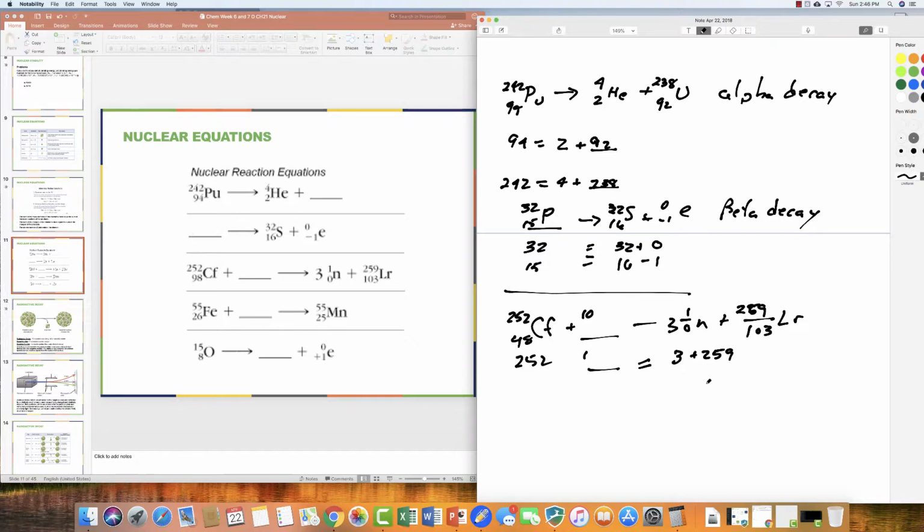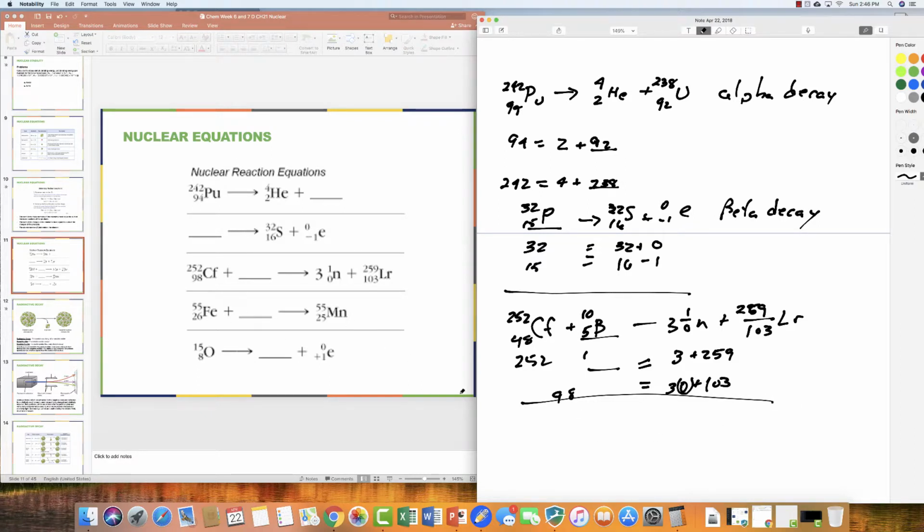And then down here you have 103 plus 0 times 3 has to equal 98 plus something. Well, if you look at that, that's going to be 5. So it's going to be 5, and on the periodic table, 5 is boron.